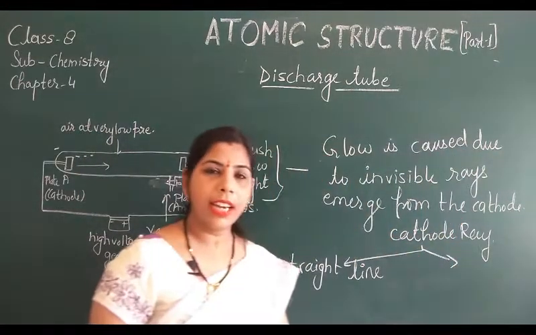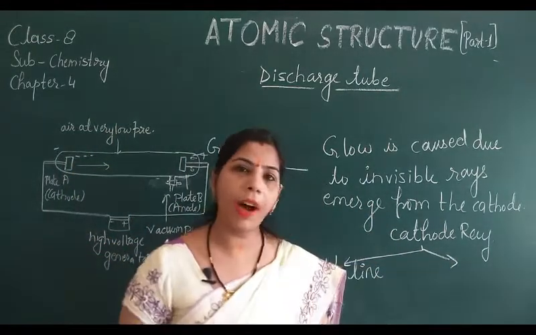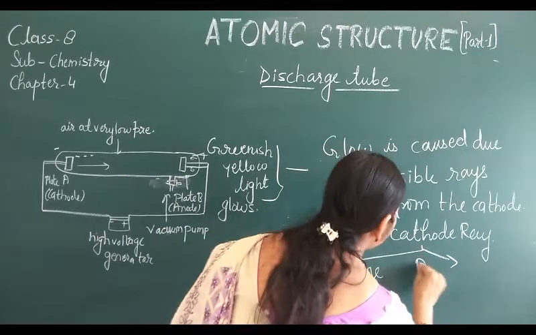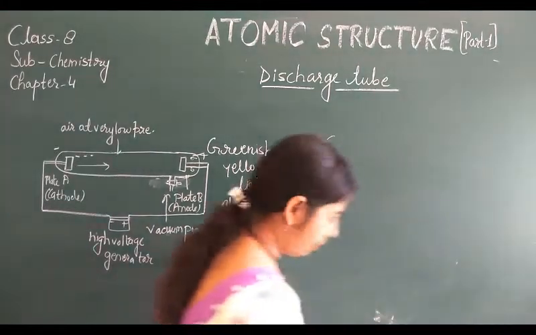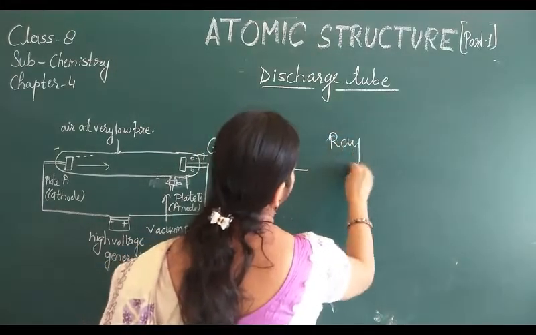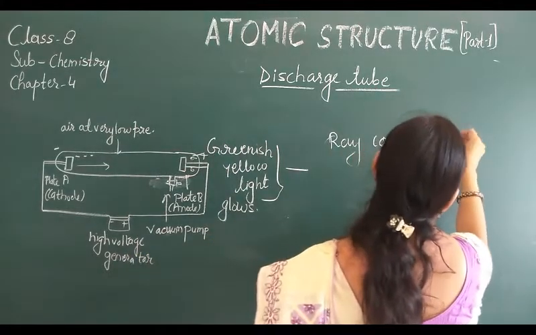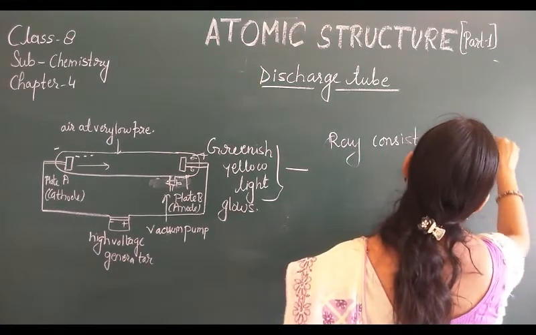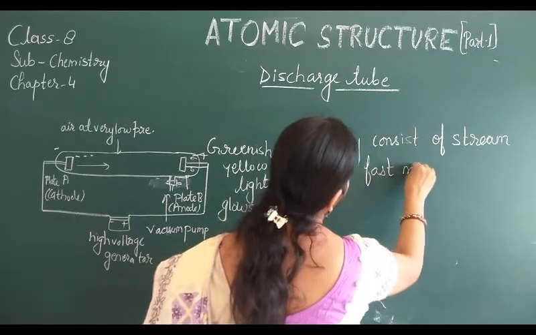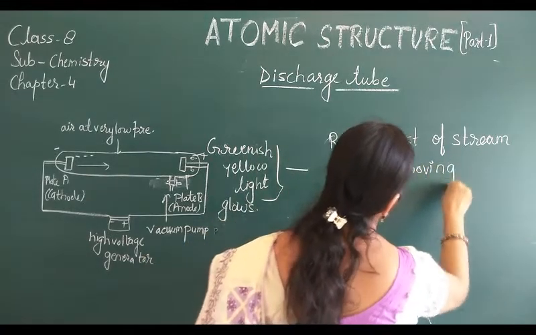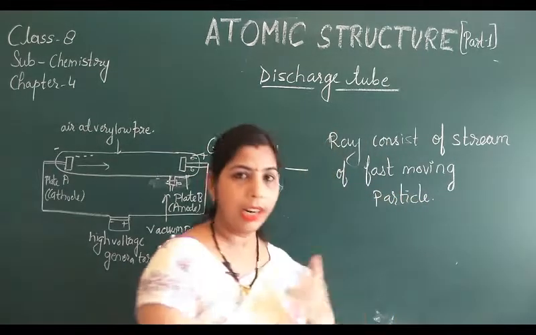Because the ray which emerges from the cathode consists of a beam, a stream of fast moving particles. That's why the light paddle starts moving.